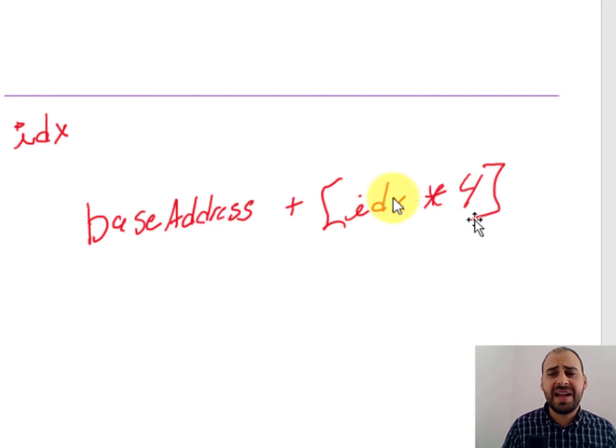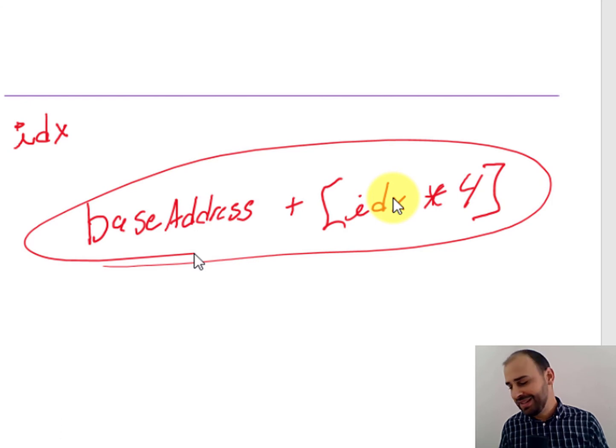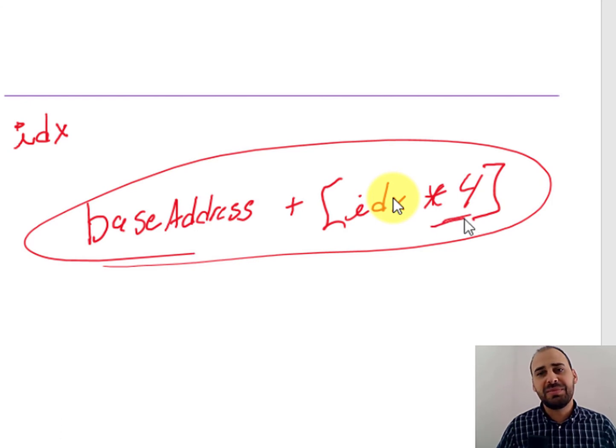To do random access, you just need to compute this to randomly go to any location in the array, assuming that everything we're storing is 4 bytes. If you're storing something that was 1 byte, you have a different multiplier here.